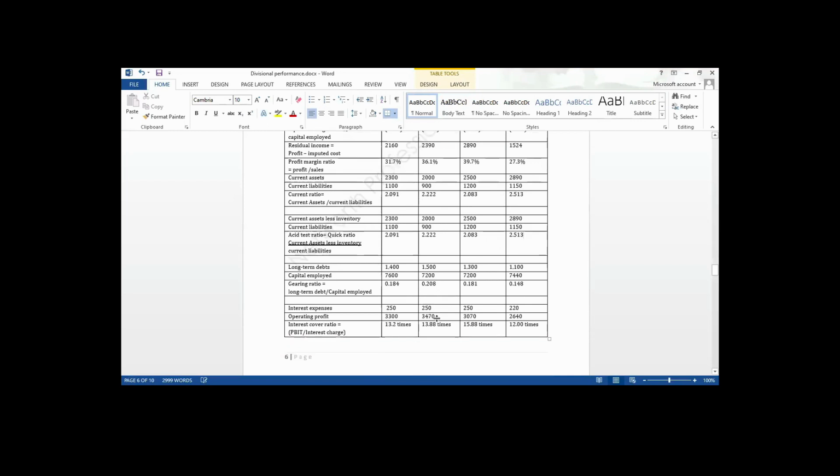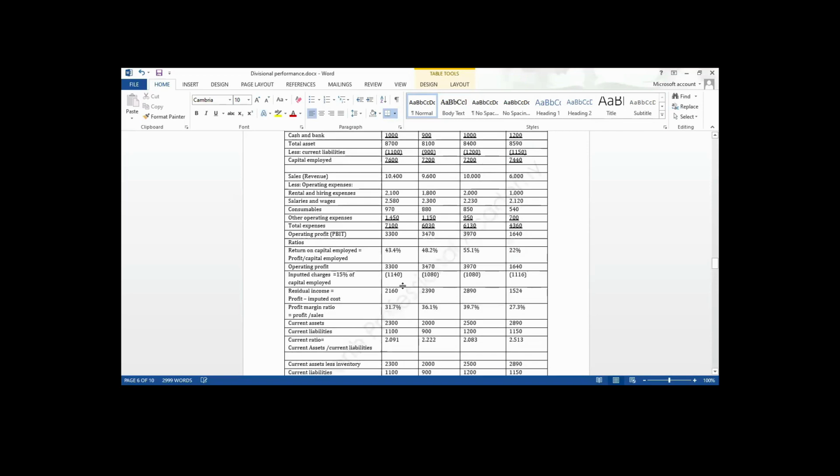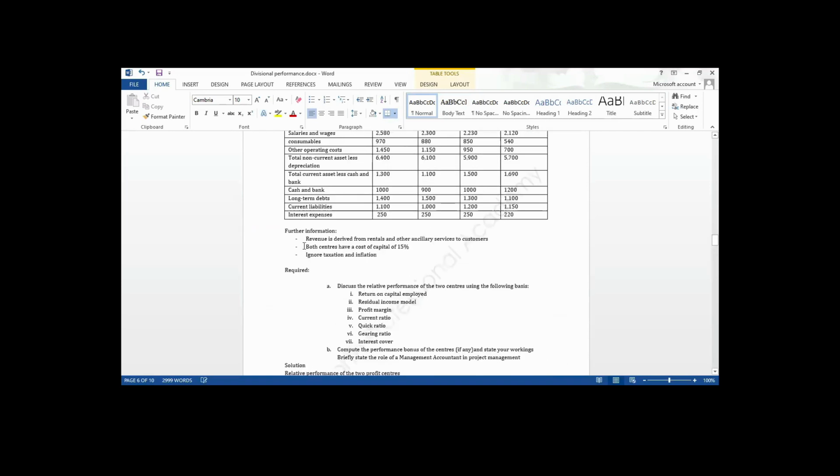So look at it, please. Just copy your long-term debt figure. Divide it by your capital employed. Multiply by 100. Please, what do you have? Long-term debt is in the question, pick it.